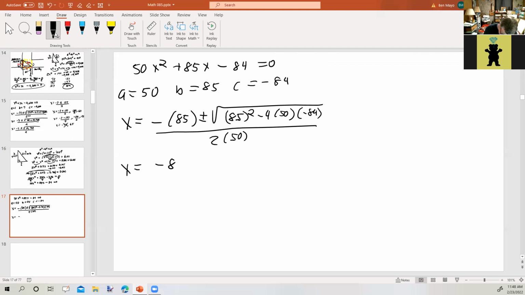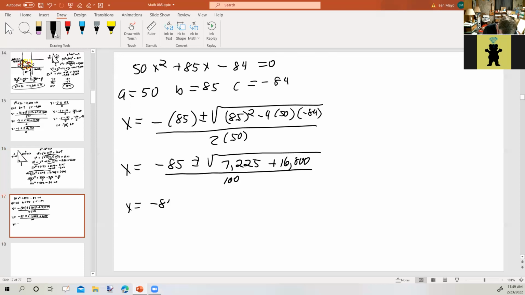X equals negative 85 plus or minus the square root of, let's see here, 85 squared is 7,225. And then we've got minus 4 times 50, which would be minus 200, times negative 84. And I get plus 16,800. I told you the numbers in this section were big. 2 times 50 is 100.